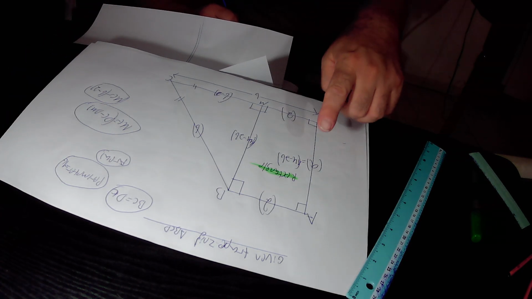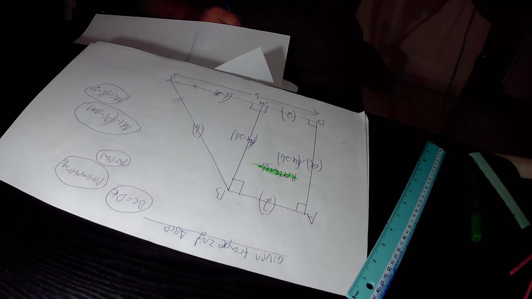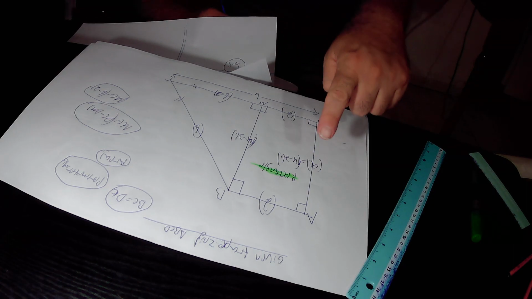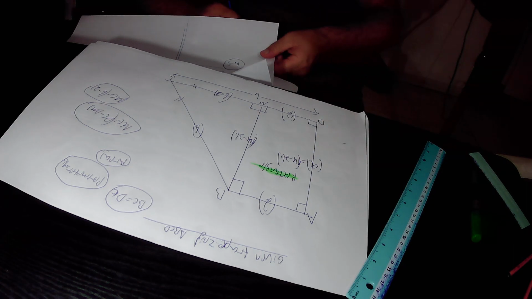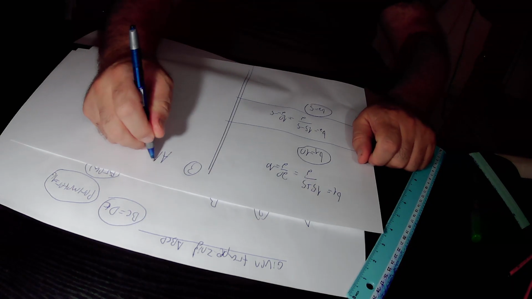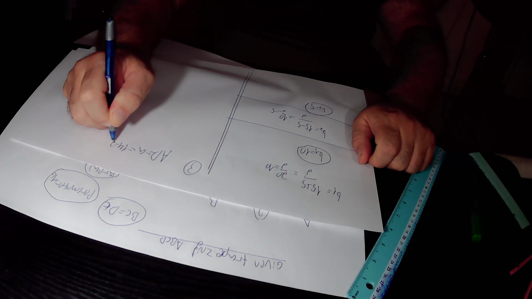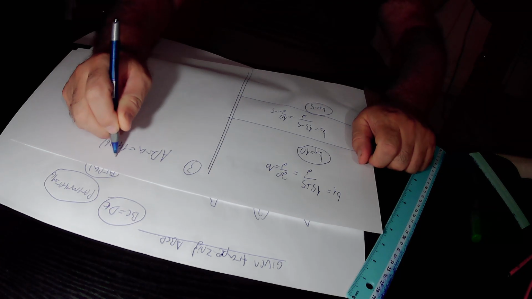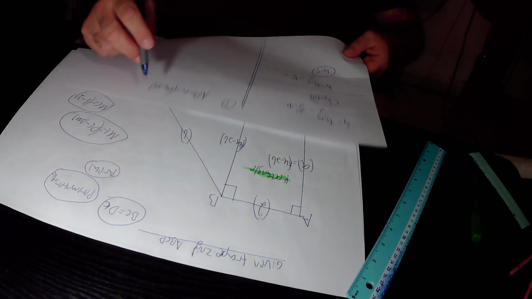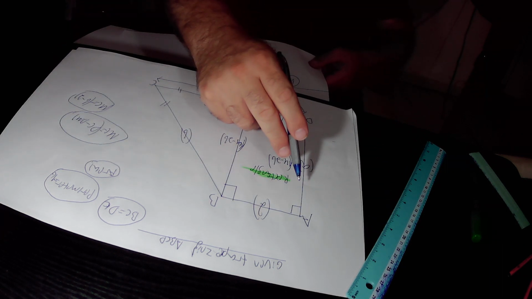We know that AD is one side of this trapezoid ABCD, and according to our definition, the length of side AD is a. And a equals 14 minus 2b. So 14 minus 2b is the expression of the length of this side AD.